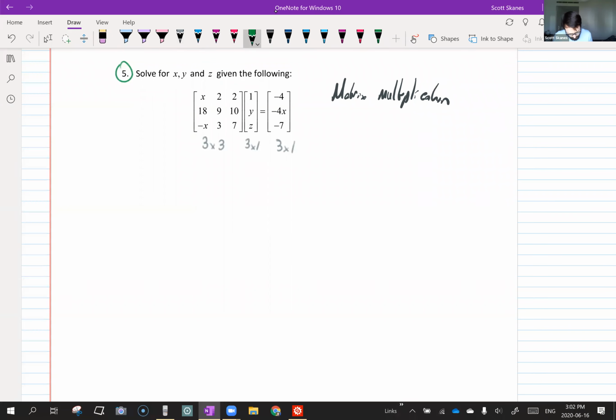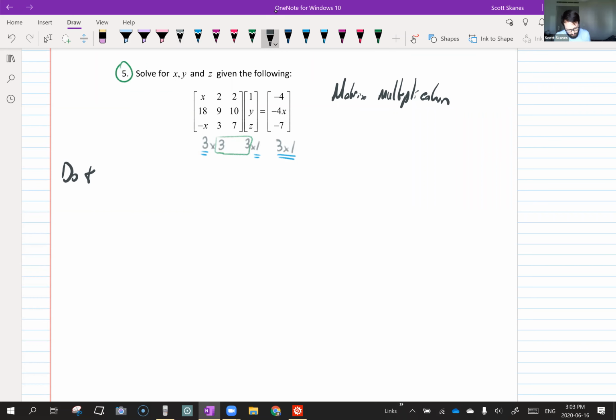That makes sense because we have 3 and 3, which are the same. So our resulting matrix should be a 3 by 1. The trick with this question is that if it's saying we need to solve for x, y, and z given some weird situation here, we actually need to do the matrix multiplication.